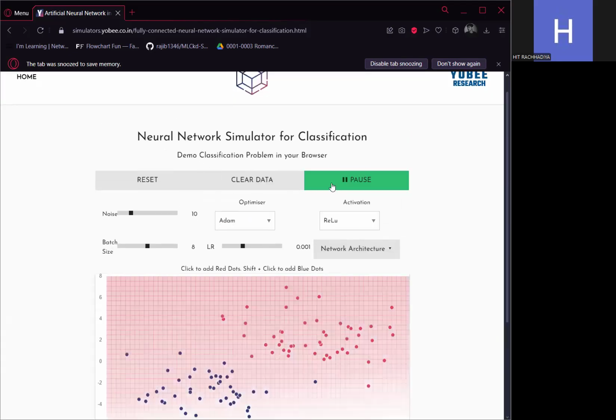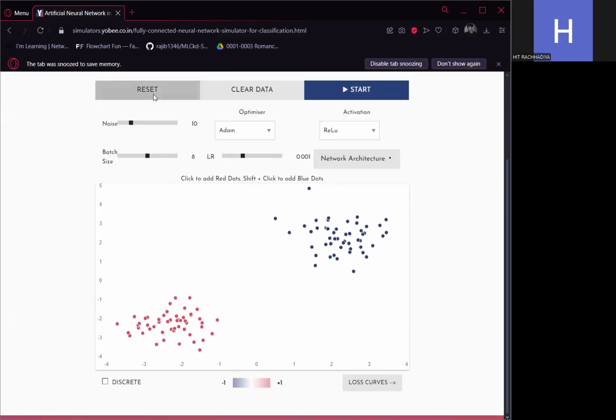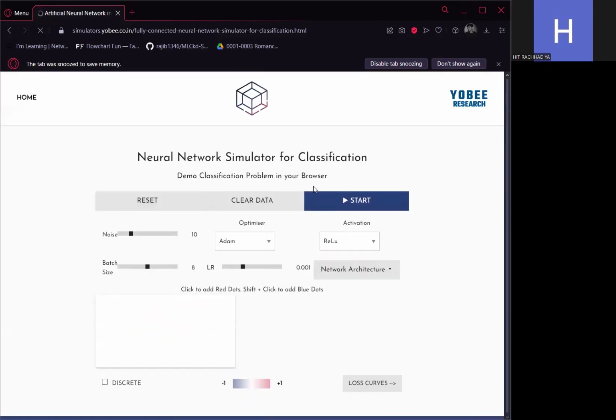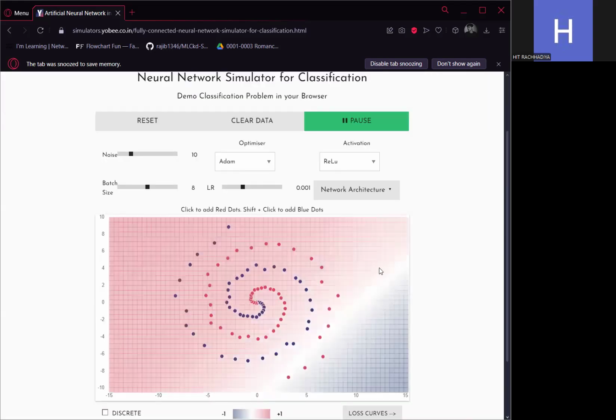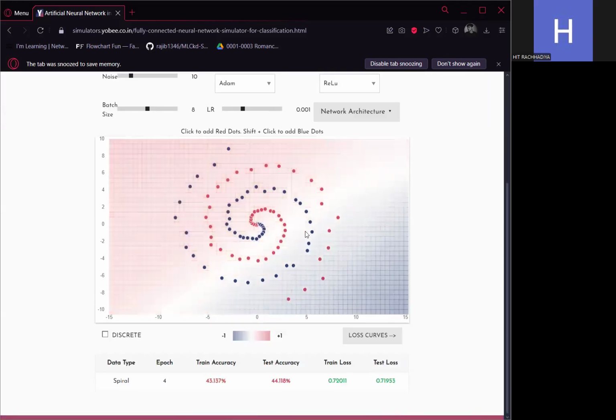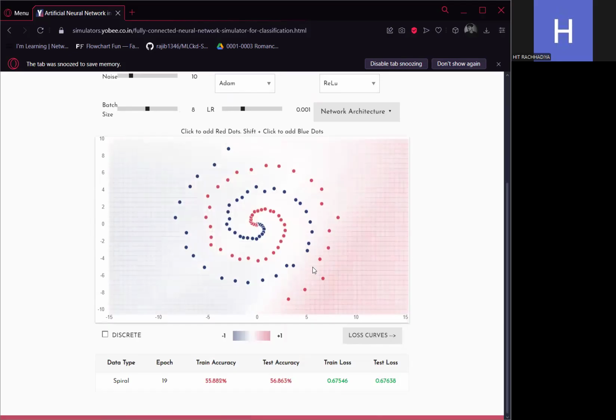Now, this is giving the spiral type. We can also classify using spiral data sets. But compared to the Gaussian data type, this gives us less accuracy and more loss.